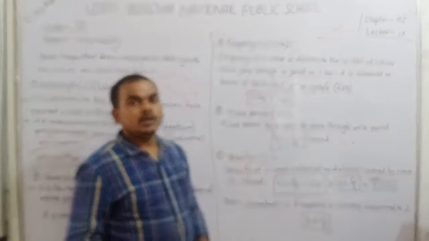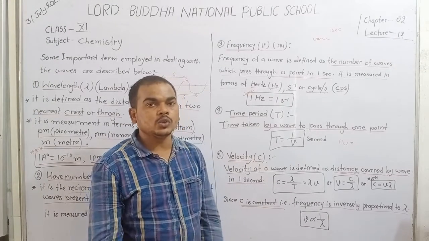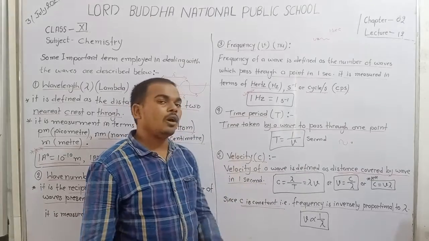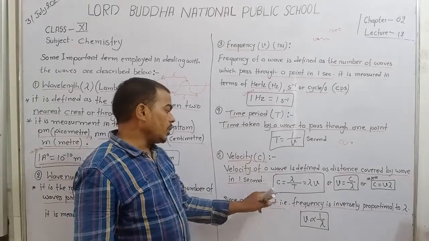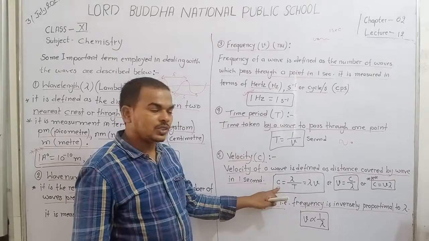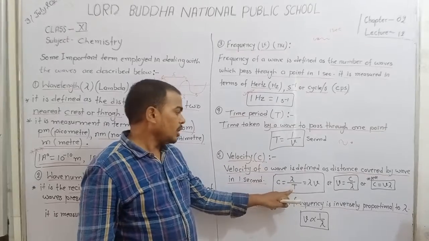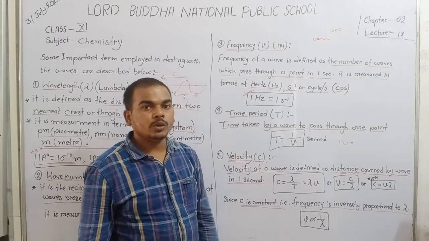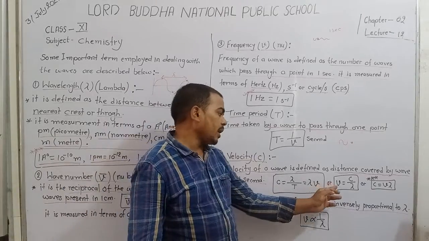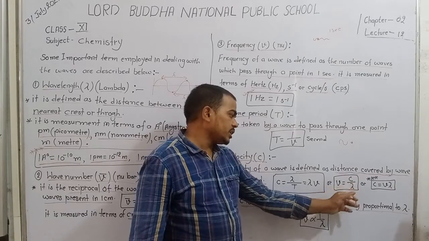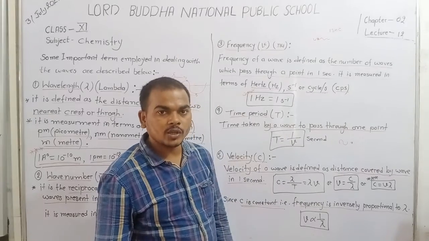The velocity of wave, represented by c, is calculated by lambda by T or lambda into nu. This is also represented as nu equal to c upon lambda, or c equal to nu into lambda.